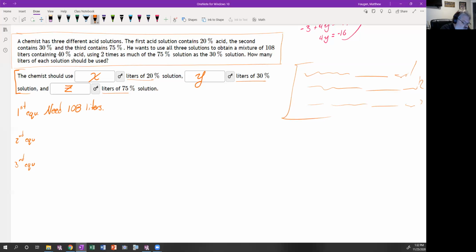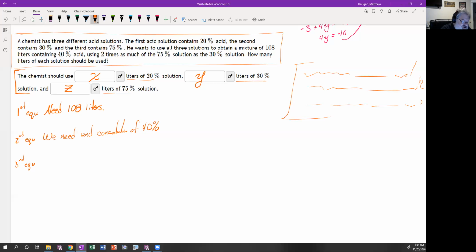Okay, so with the end, we need an end concentration of 40%. None of our inputs were exactly 40%, right? So we need 108 liters. It's got to have an end concentration of 40%.